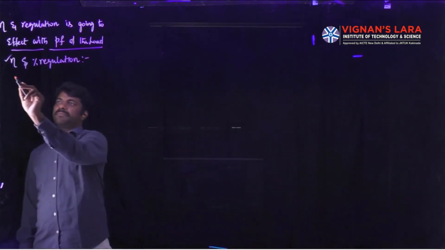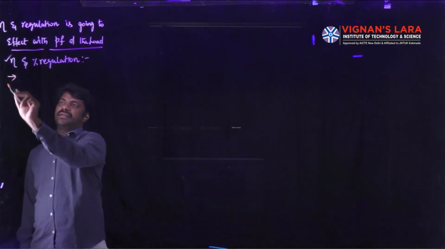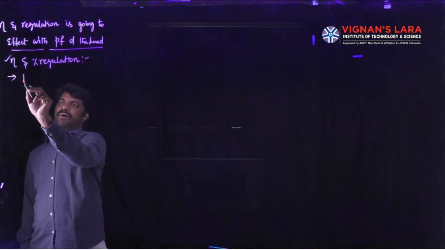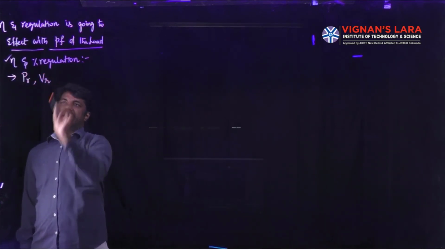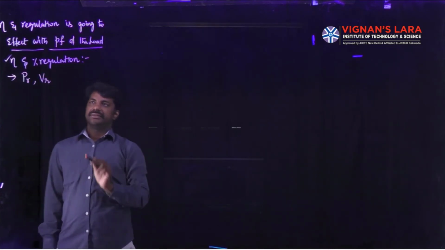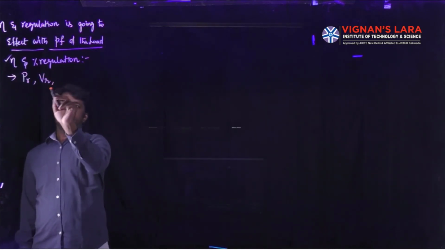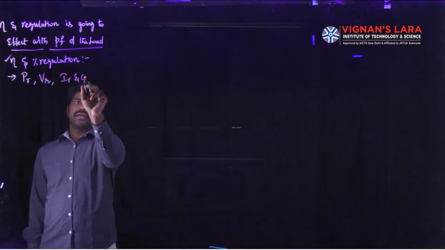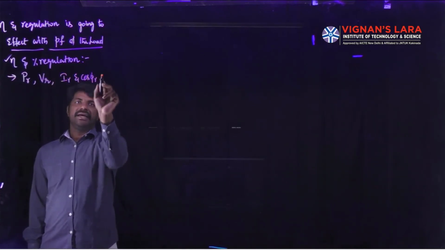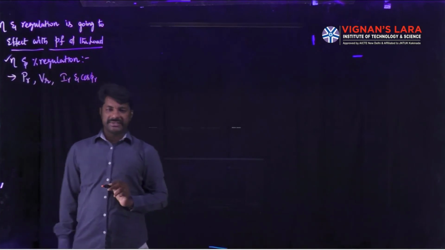For that purpose, let us see the transmission line which is delivering a power of PR watts with a voltage of VR on the receiving end side. In our usual notation, IR and cos phi R are the current and power factor on the receiving end side.